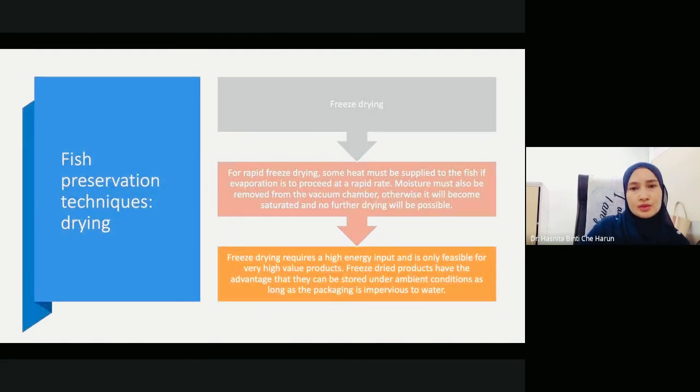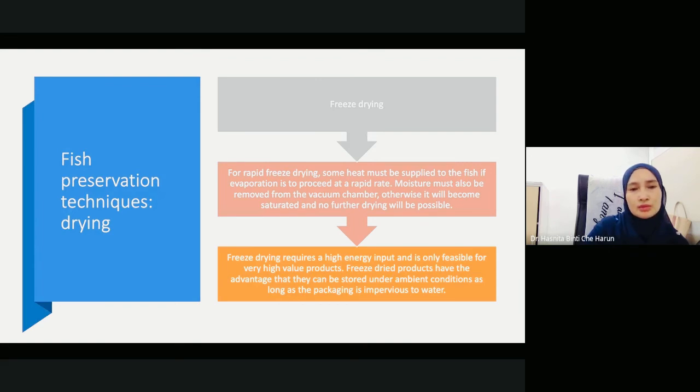For freeze drying as well, some heat must be supplied to the fish. If evaporation is to proceed at a rapid rate, moisture must also be removed from the vacuum chamber, otherwise it will become saturated and no further drying will be possible.